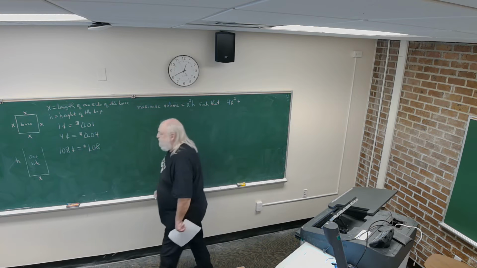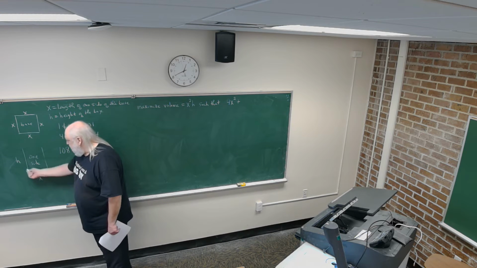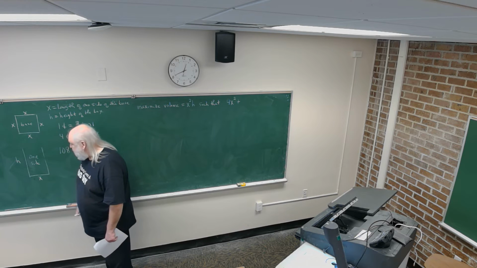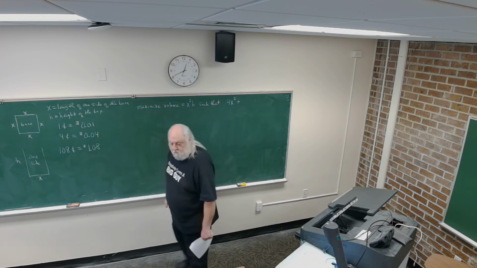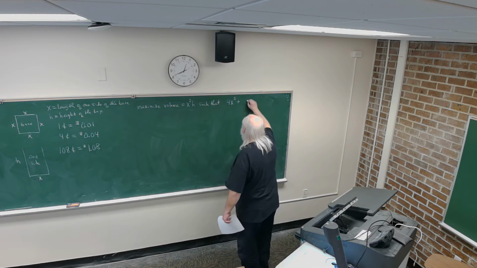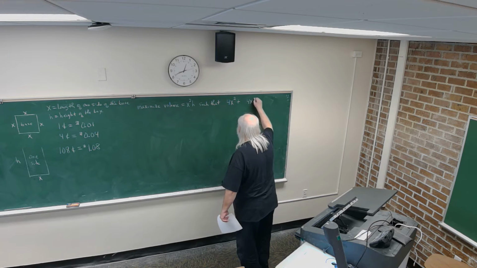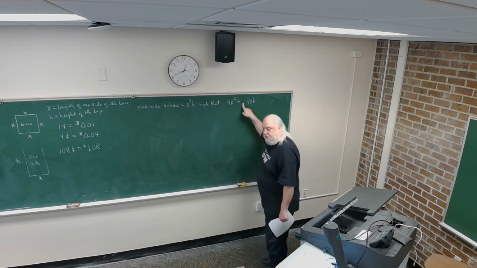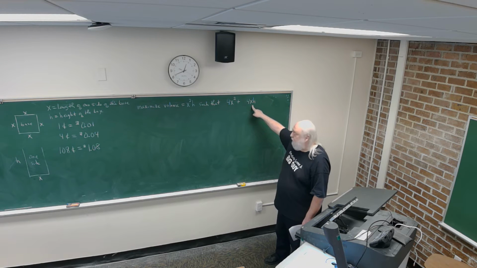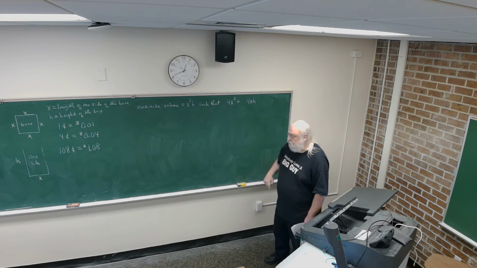The area of each side of the box is X times H, and there are 4 sides to the box. So the total area of the 4 sides of the box is 4 times X times H. And each square meter of the side of the box costs 1 cent.